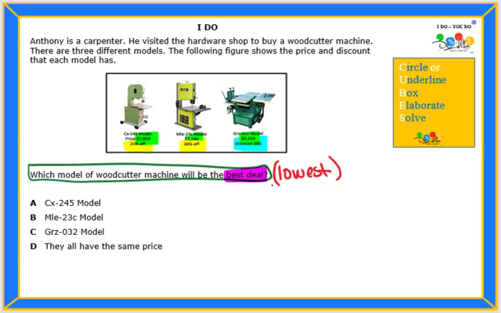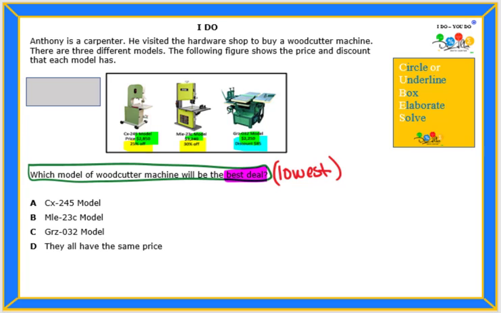Okay, so for two of these models, we have been given a percent. So we're going to set up a percent bar for each of those. However, for the last model, we don't need to do a percent bar because they already gave us the dollar amount of discount. So let's go ahead and start by making a percent bar for our first model.